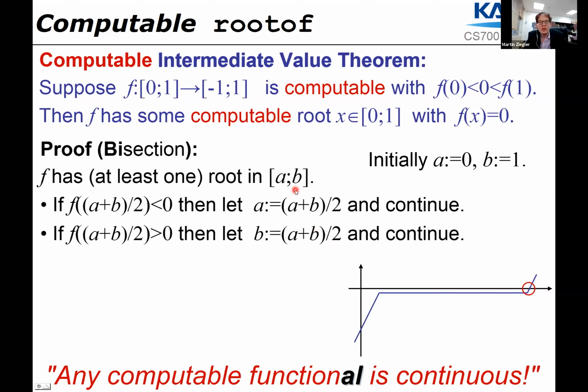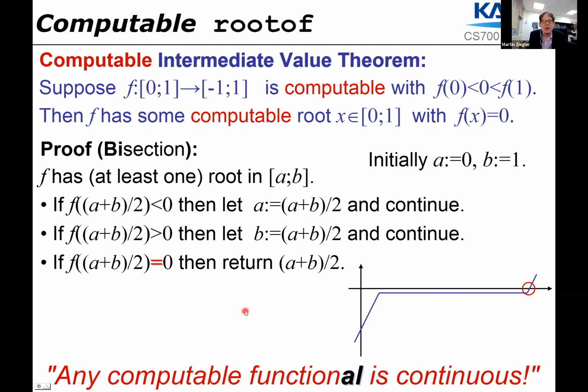We're going to decrease the right bound and continue. But yes, of course, there's a third case, right? Namely, if the value of the function at this midpoint is actually equal to 0, well, then we're going to return that midpoint, because then we have found a root. The midpoint is the root.